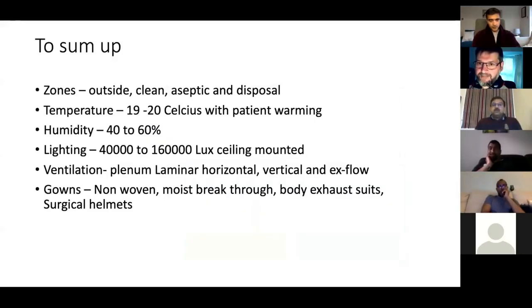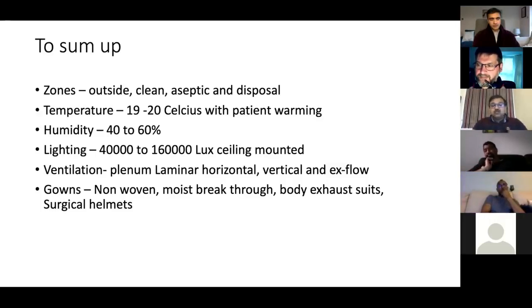To sum up, basically, if you're answering a question in the exam, sum up: zones, outside, clean, aseptic, disposal, 4 zones. Temperature 19 to 20 degrees Celsius in the theater with patient warming, humidity 40 to 60%, lighting 40,000 to 160,000 lux, ceiling mounted, not shadowless lights. Ventilation, the types of ventilation.